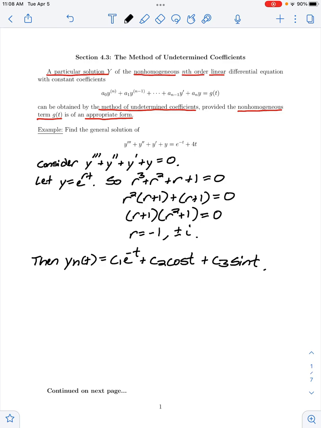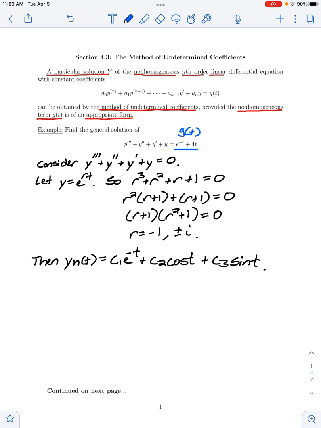And now our next step is to determine some particular solution of the non-homogeneous equation. And to determine the form of this particular solution, we're going to look at the form of this g of t function on the right-hand side of our equation.